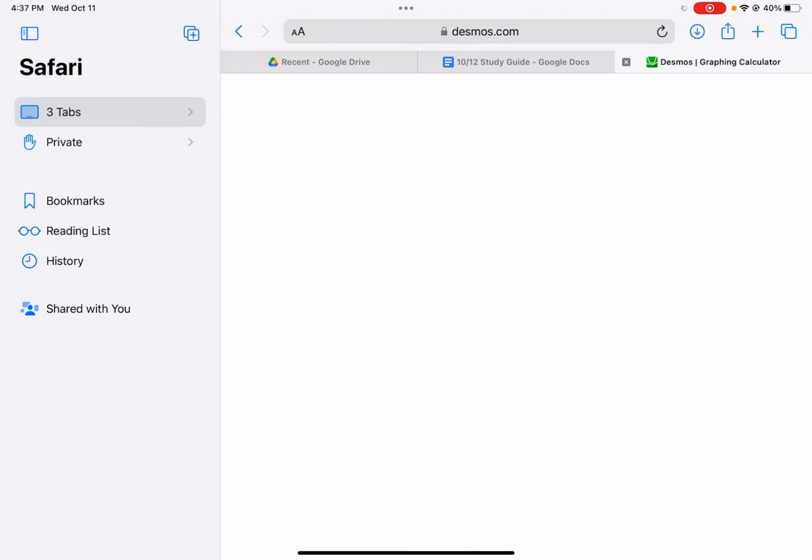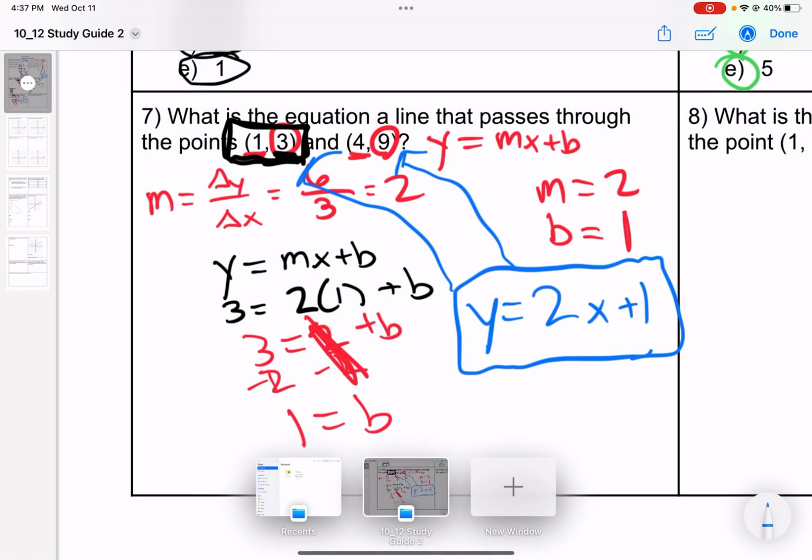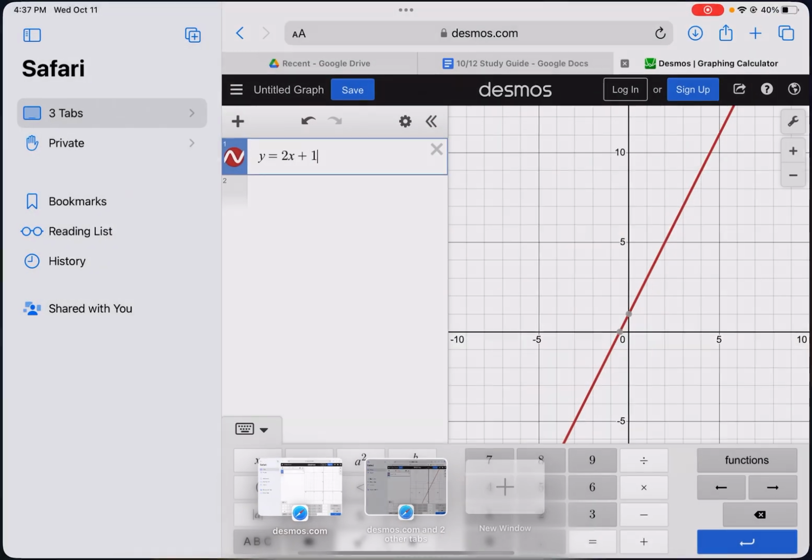Our equation is y equals 2x plus 1. Whoops. So here's a line. I said it would go through what 2 points? I said it would go through 1, 3 and 4, 9.